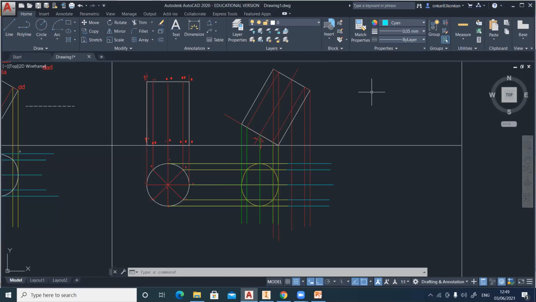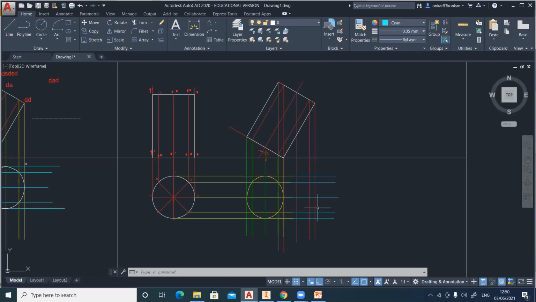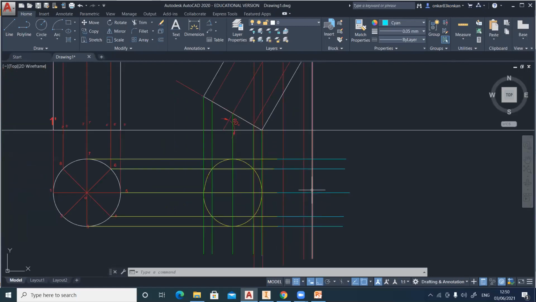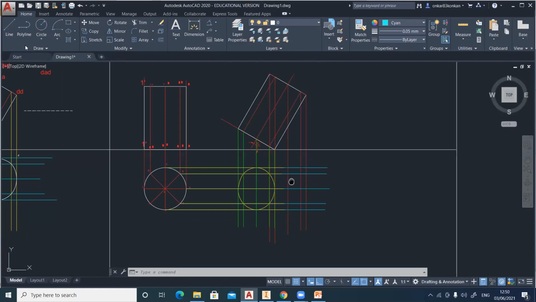Here you can observe the intersection points, and then join these points by a continuous curve.